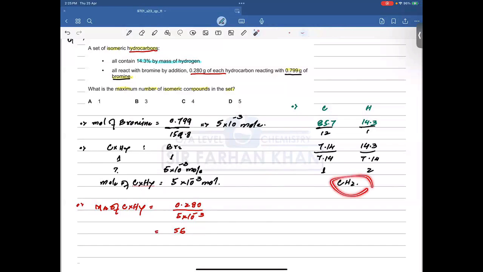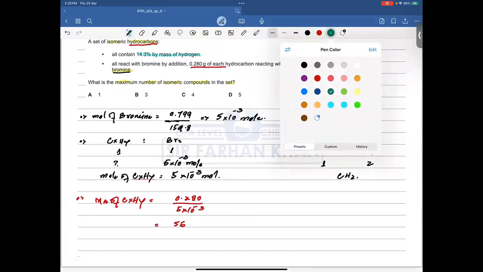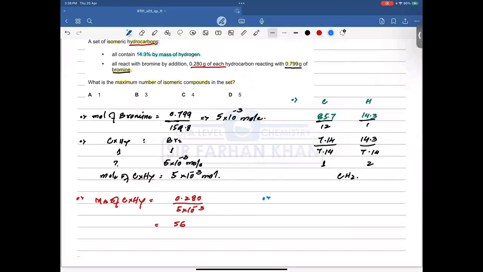I know the empirical formula. I know the molecular mass. I can get the molecular formula by using these two values, right? So CH2 taken N equals 56, 14N equals 56, N equals 4. That means the molecular formula of this hydrocarbon is C4H8.